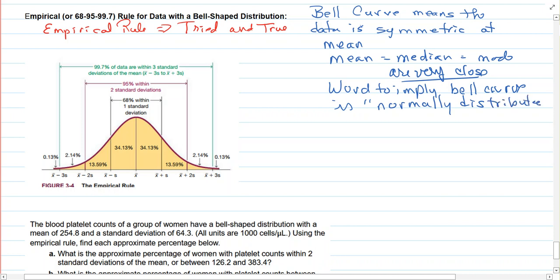What is it saying? All right, this is what it's saying.